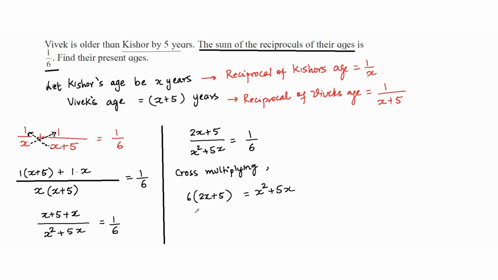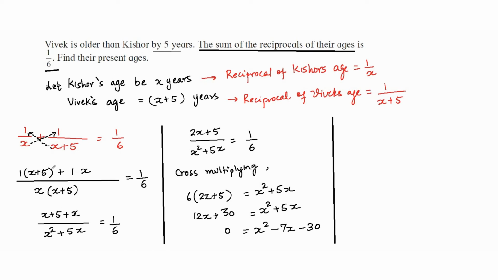Let's open the bracket. 6 into 2x will be 12x and 6 into 5 will be 30. This equals x square plus 5x. Shifting all the terms to the right hand side, I get 0 equals x square minus 7x minus 30. So this is now the quadratic equation that I am supposed to solve.